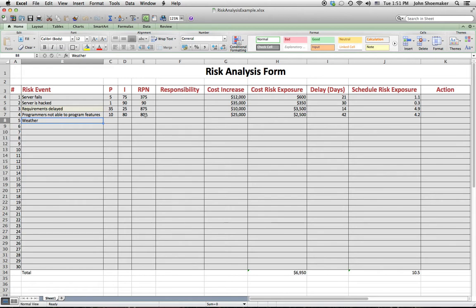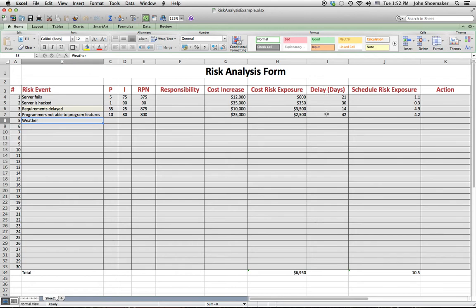It might be time, for example. If time is the most critical of the constraints, this is a project that absolutely has to be done on time, then what I would do is I would sort on delays so that the risk that has the potential for causing the greatest delay is at the top and the one with the least at the bottom.